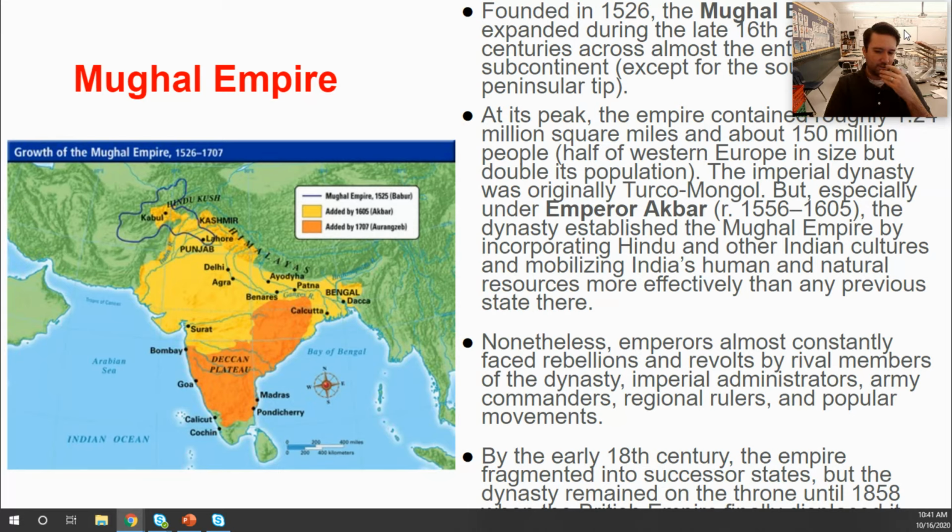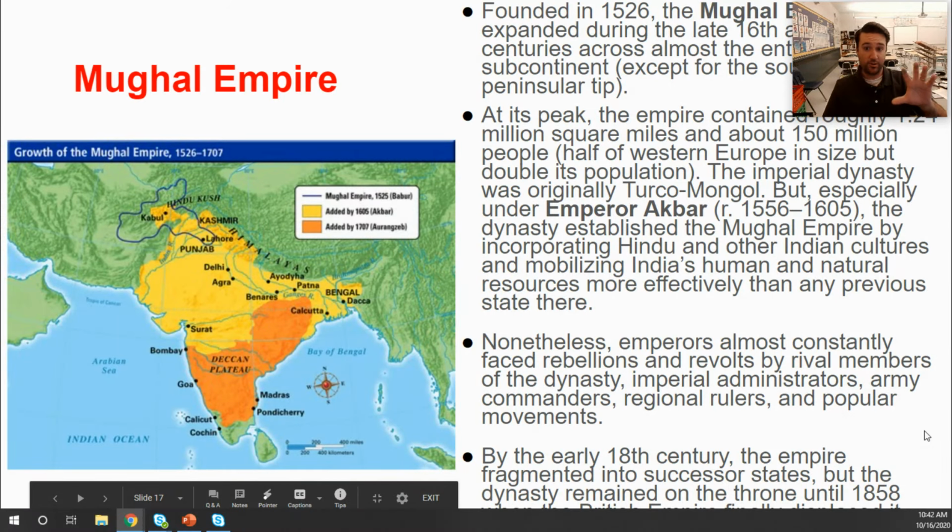So they are always constantly dealing with this kind of internal conflict. They also are trying to find ways to administer the rule over this territory. They do have some sort of military state system set up, but it just never fully gains control. The Mughals are going to do some amazing things in their rule, and we'll talk about that.